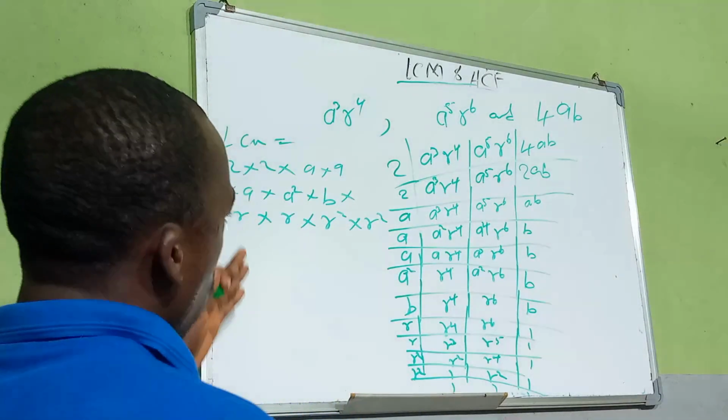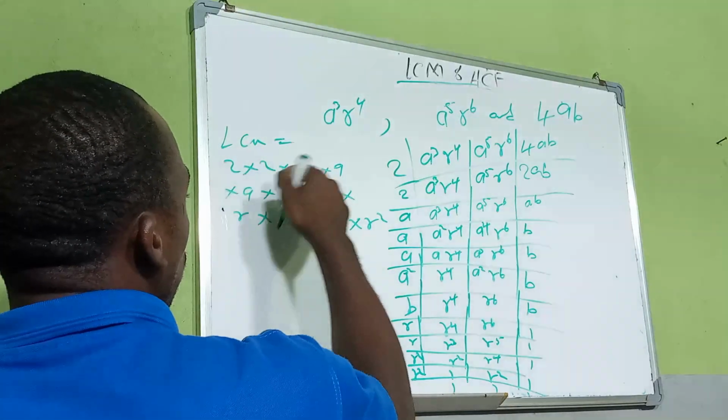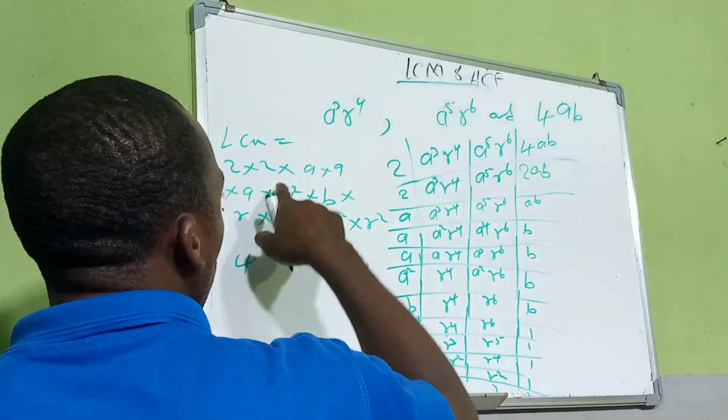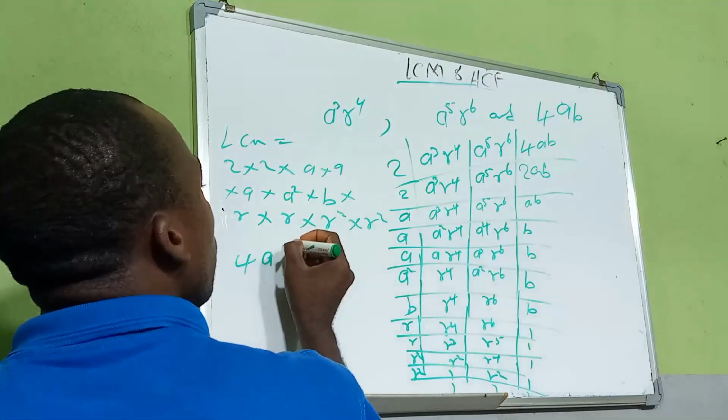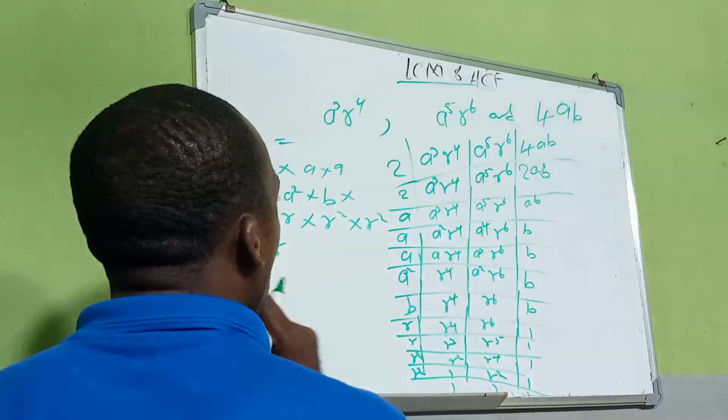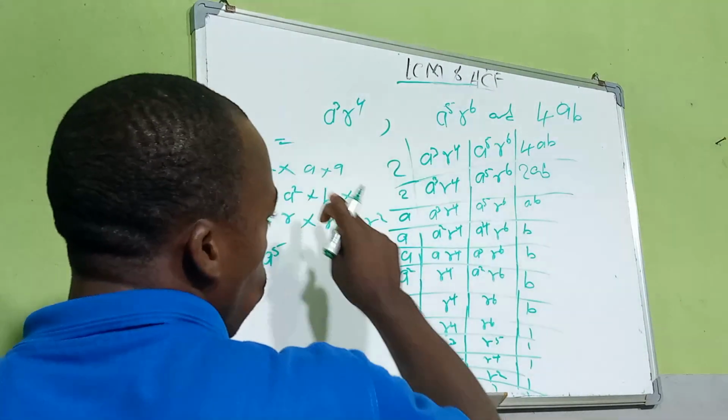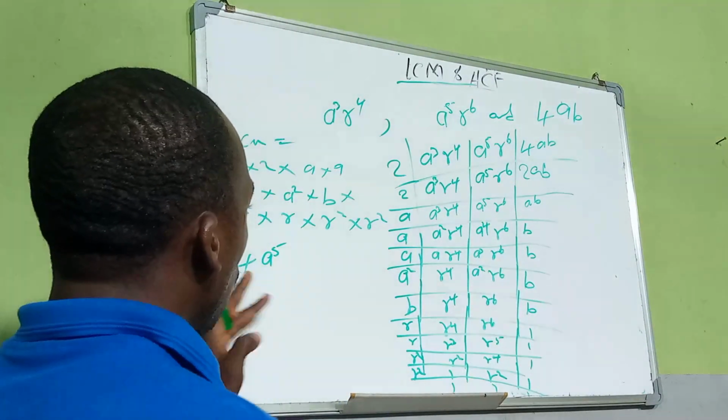You understand? So when we multiply all these things together, we'll have 2 times 2 is 4. Then 4 A times A times A times A squared will be equal to A raised to power 5.